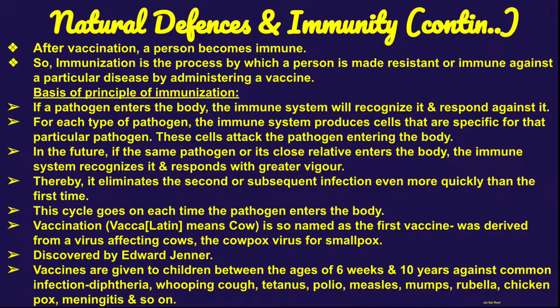The first time he may become sick, but the second, third or fourth time, if the same pathogen or its close relative enters the body, the person responds to it more quickly, reacts very fast and kills that pathogen, and the person remains healthy.